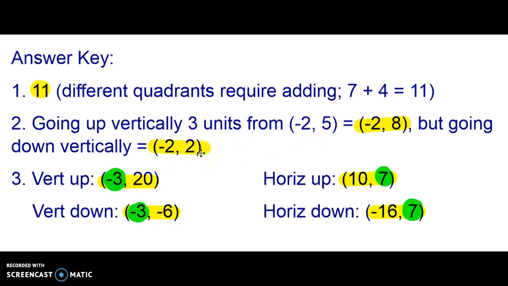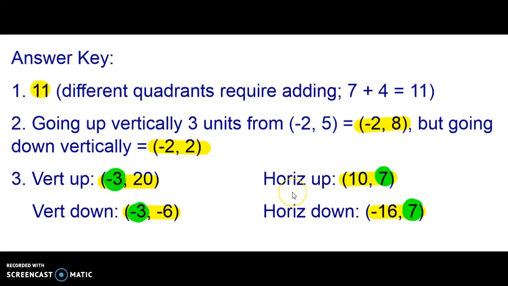Lastly, number 3, I started at the point -3, 7. From there, I can draw a line, straight up, straight down, to the left, or to the right. The line has to be 13 units. So if I go vertically up from -3, 7, I end up at -3, 20, because 7 plus 13 is 20. If I go vertically down, I end up at -3, -6, because 7 minus 13 is -6.